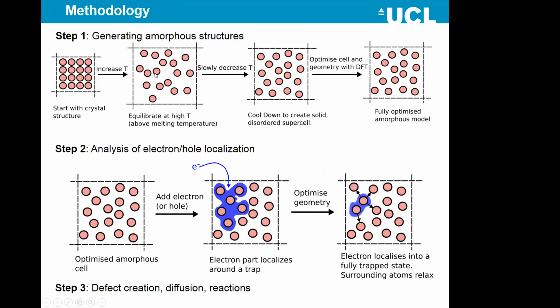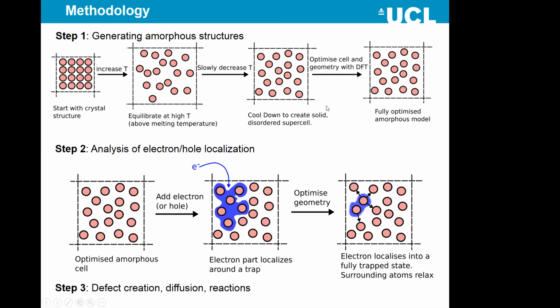The methodology is shown here. First of all, we need to generate these amorphous structures. For that, we take some periodic cells, melt them, and then quench them to low temperature and produce a disordered solid system. If a material is a glass former, like silicon dioxide, then this disordered system can be a glass.